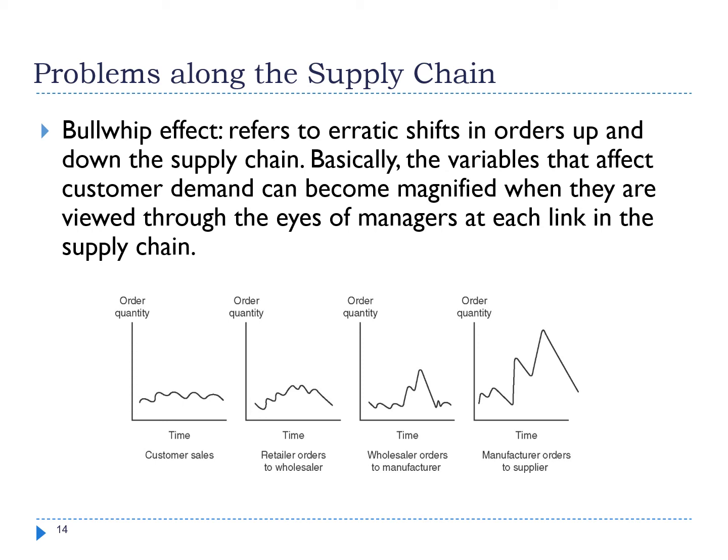What happens here is, it is human nature that you tend to build in inventory to give you a safety net, a little cushion that builds up in the supply chain. And you can end up with huge variations in orders as you move back up.